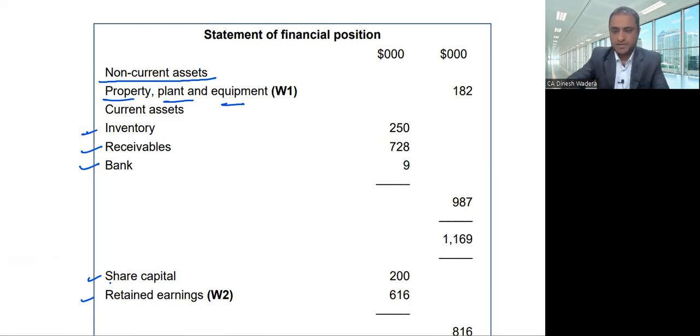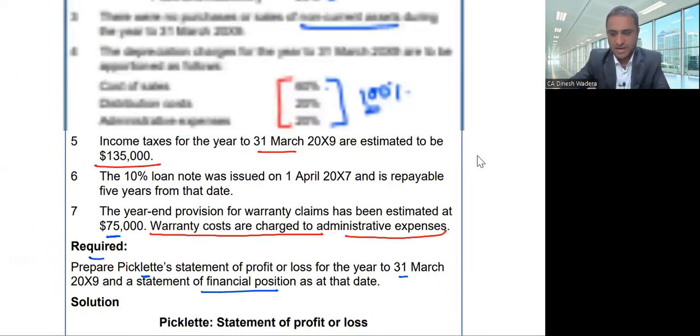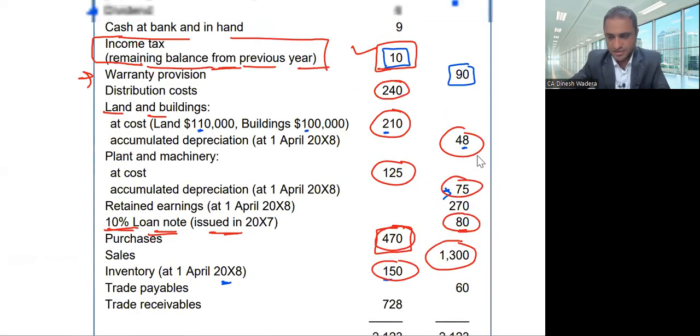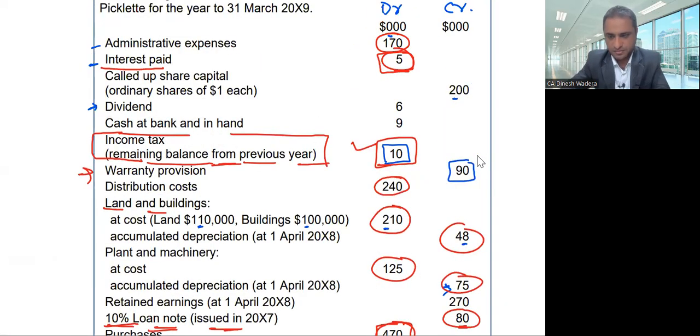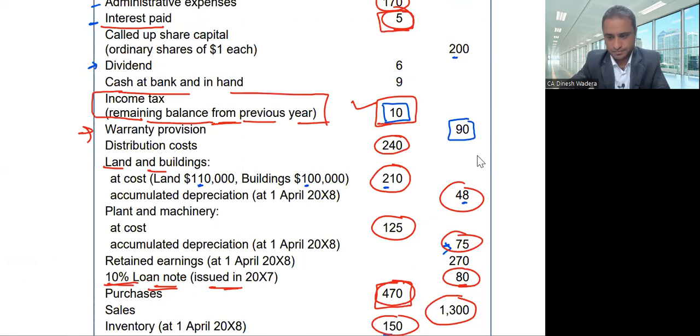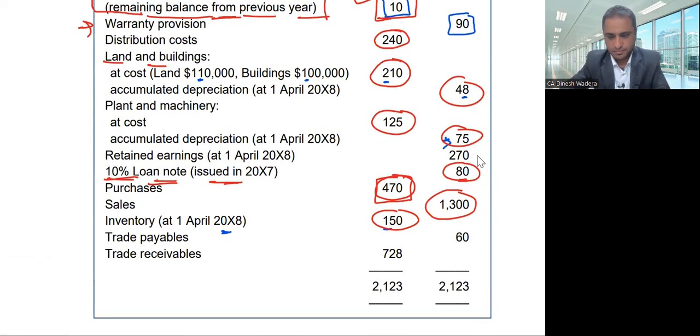Then we have inventory. You can always pick from the trial balance. Don't miss that. Each and every adjustment needs to be looked into carefully. For depreciation purposes, we consider this and this.